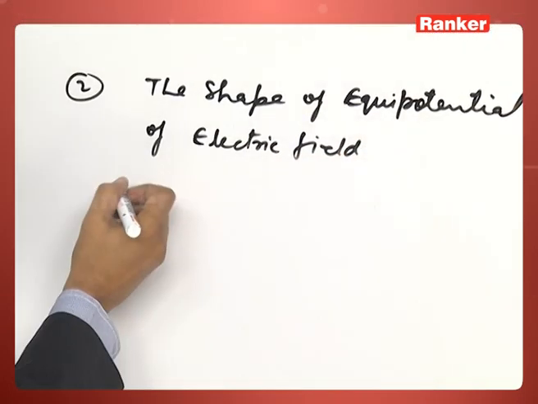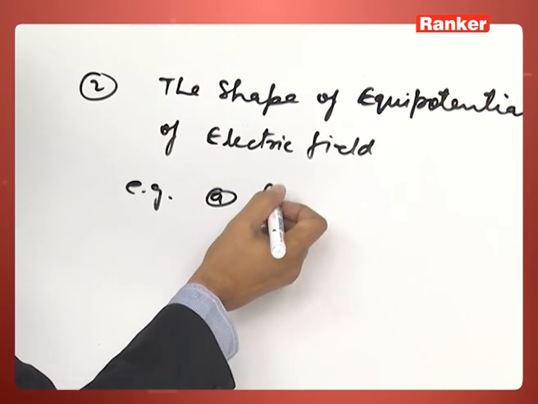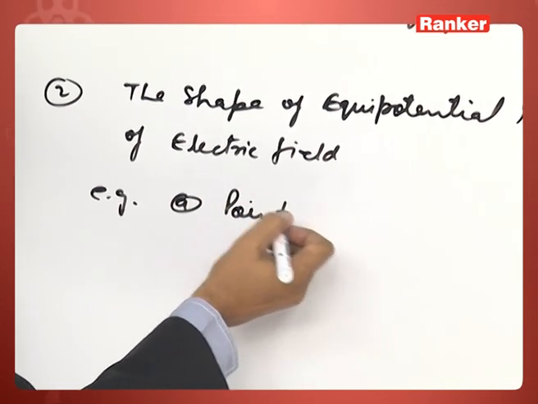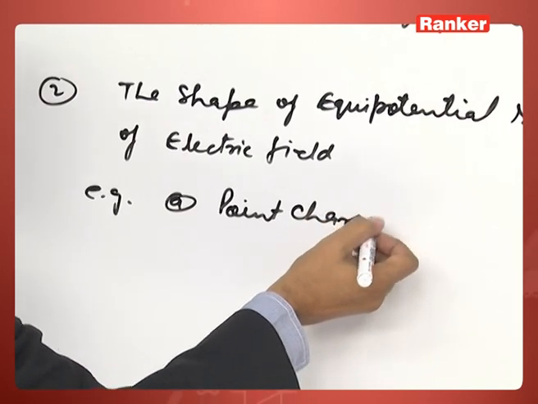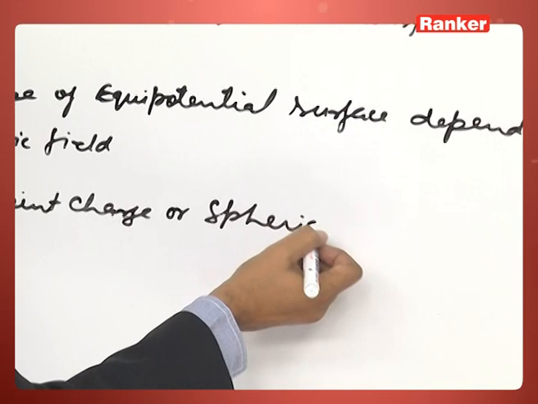So for example, a point charge or a spherical charge body.